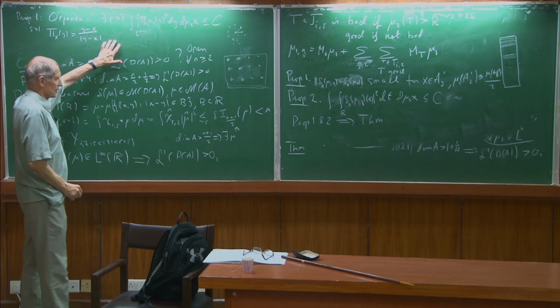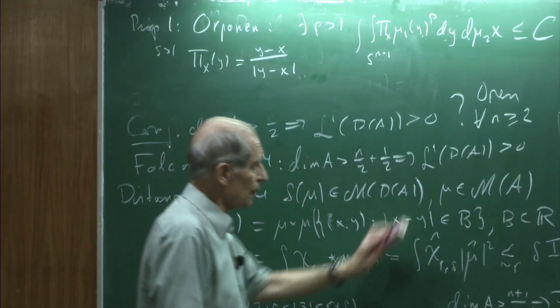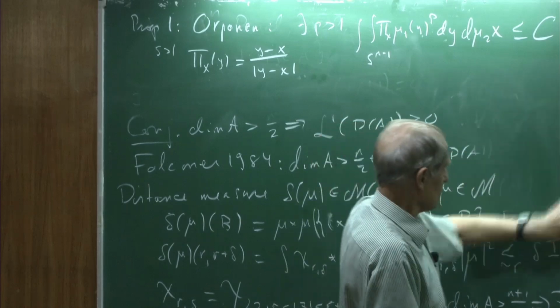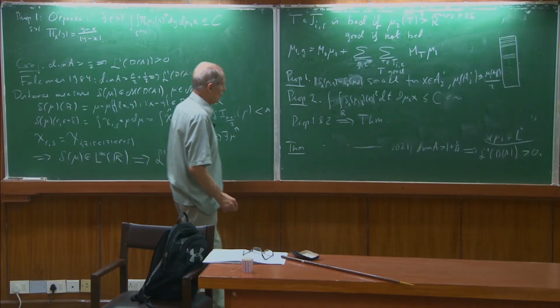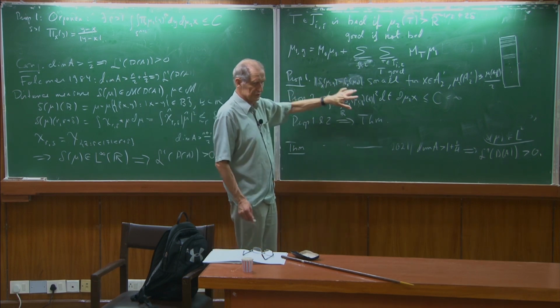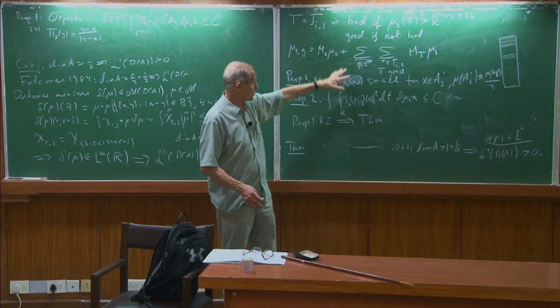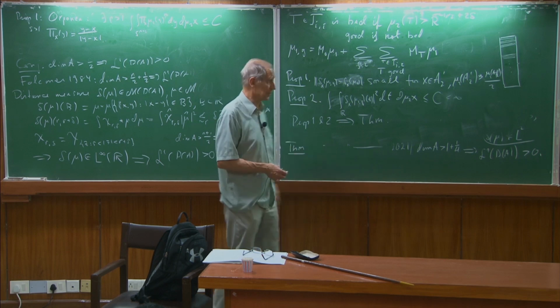So this is the main thing to prove proposition 1, because what is bad for proposition 1, the bad situation, is so here this difference is just this sum over bad squares, and the bad squares have large measure.